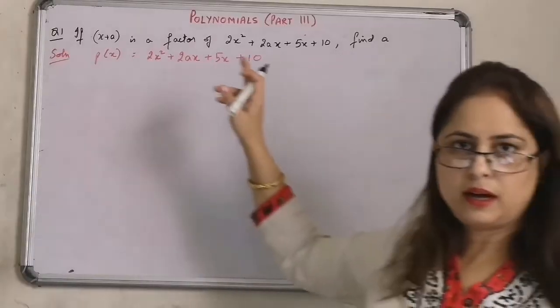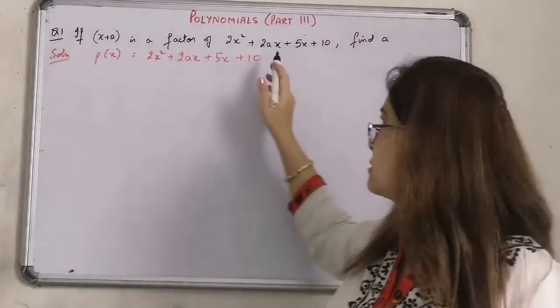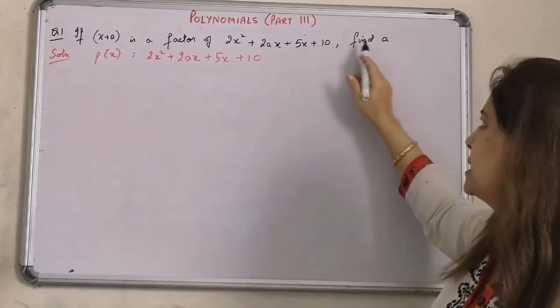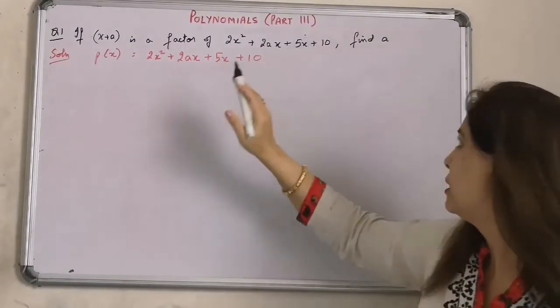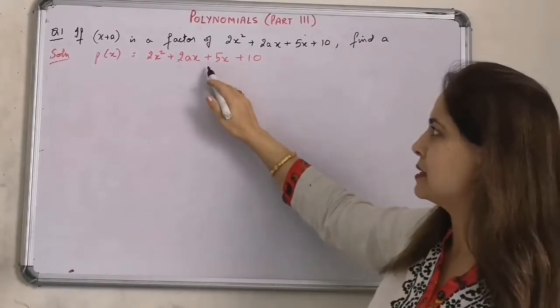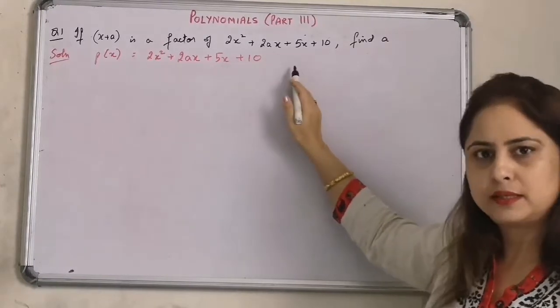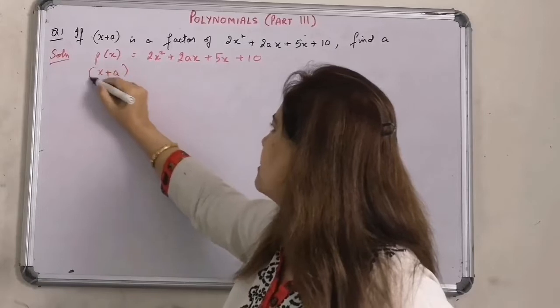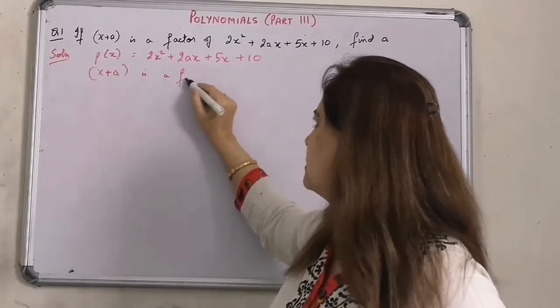Now let's have another question. If x plus a is a factor of 2 into x square plus 2ax plus 5x plus 10, then find the value of a. Now the polynomial with us is 2 into x square plus 2ax plus 5x plus 10, and we are given x plus a is a factor of p(x).